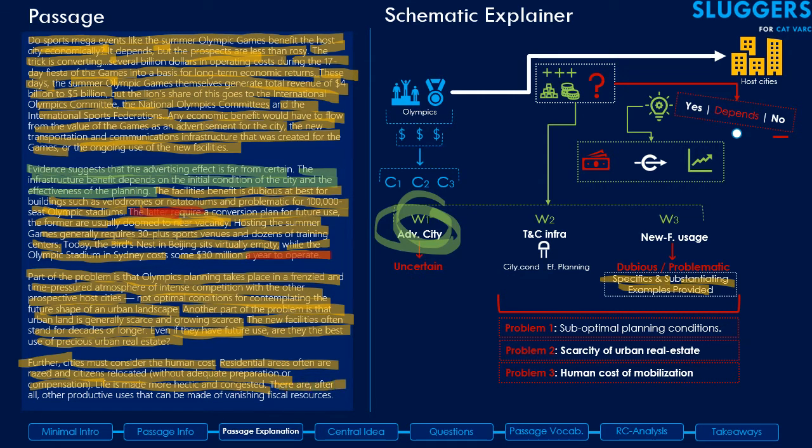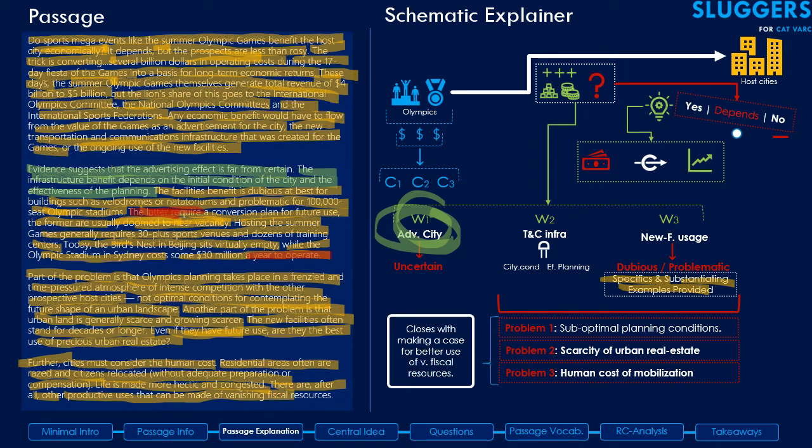There are, after all, other productive uses that can be made of vanishing fiscal resources. And finally, the author closes by making a case for better use of vanishing fiscal resources. Fiscal resources is an expression generally used to refer to the revenue of the government, which will essentially come from taxes, right?